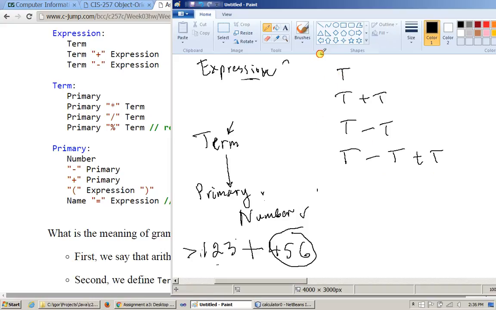So that's the responsibility of the expression in our grammar rule. It will match any of this because it says, as long as I do find plus or minus, I know what to expect next. It's going to be another expression following it.